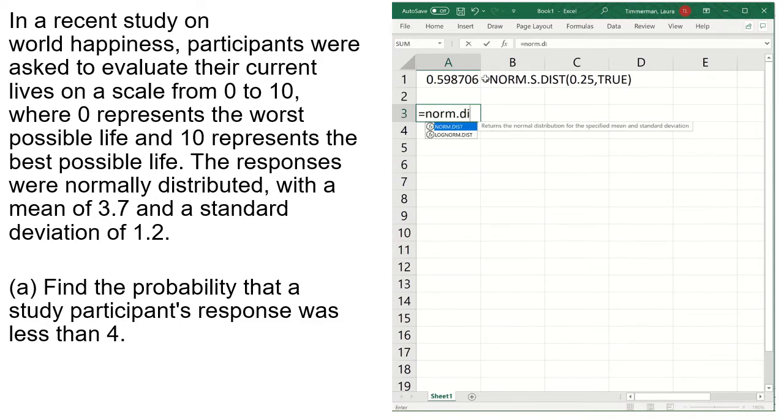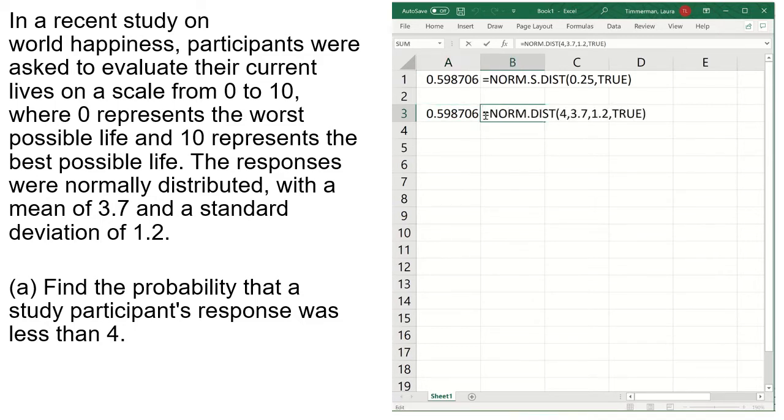Or if you use just what you have in the question, you would have your x that you're finding of 4, your mean of 3.7, and your standard deviation 1.2, still using true. And you see we get the exact same number.